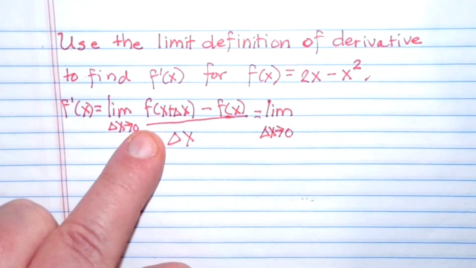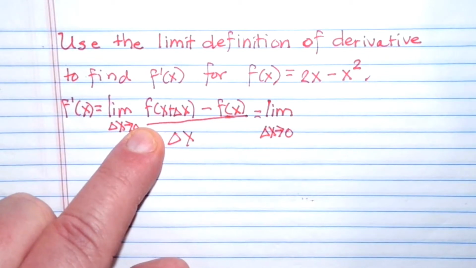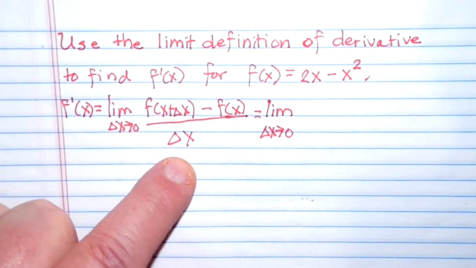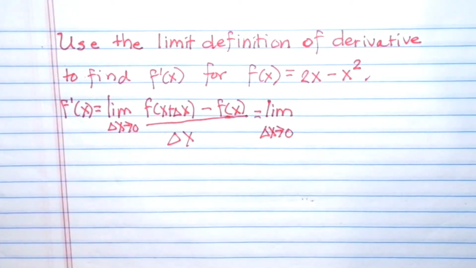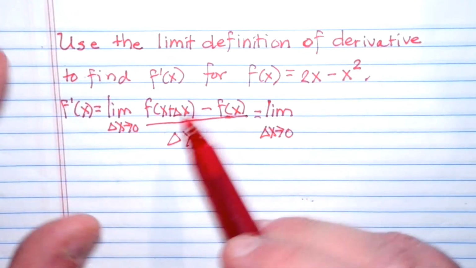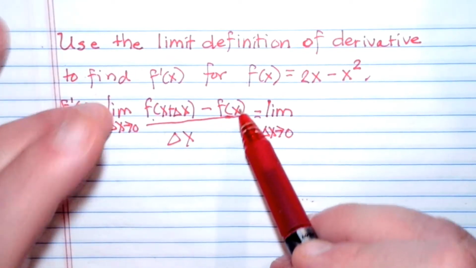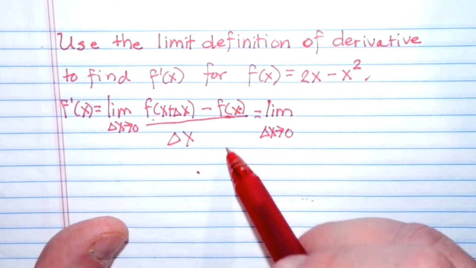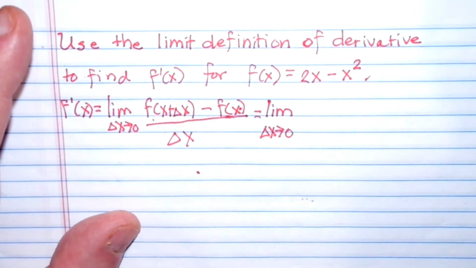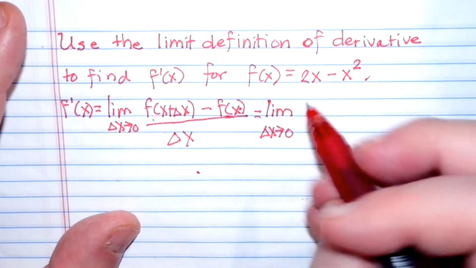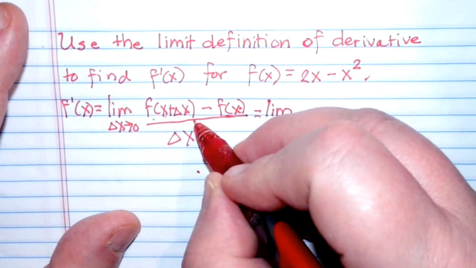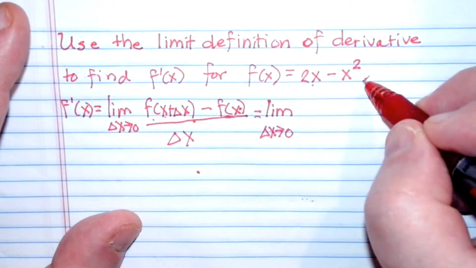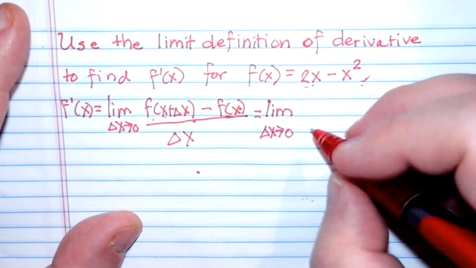Alright, so I think of the difference quotient as consisting of three parts. There's the f of x plus delta x, there's the f of x, and there's the delta x. The first part, the f of x plus delta x, is what you get when you substitute in x plus delta x for every x in the function you're given.